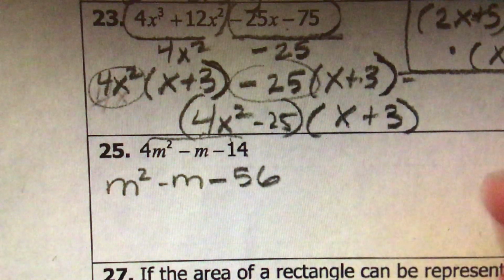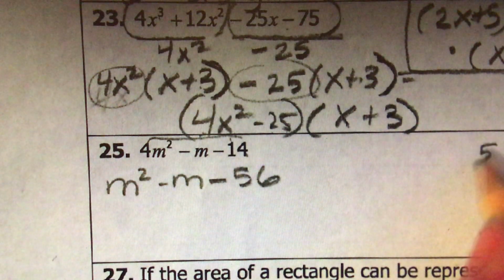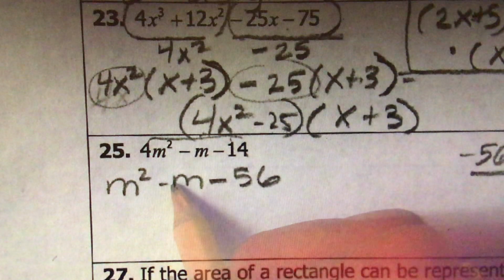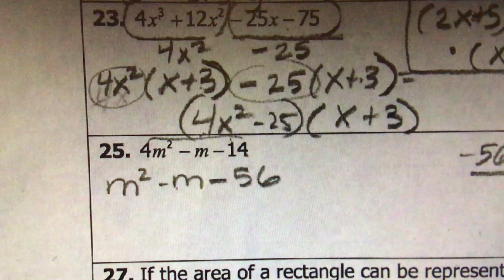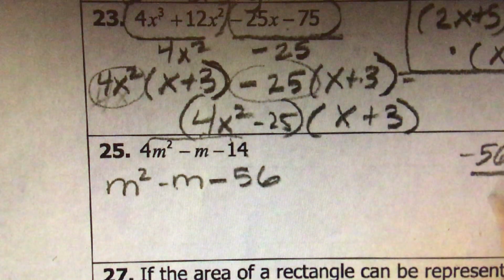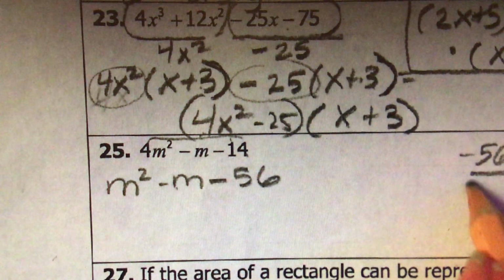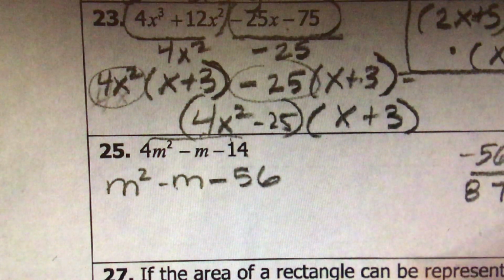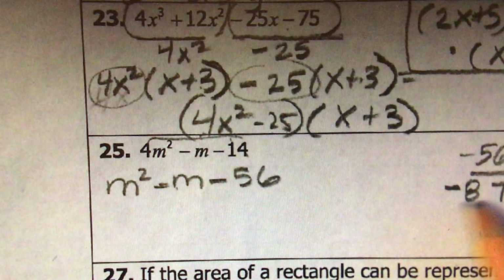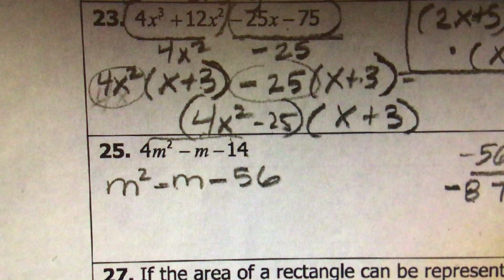Now I'm going to do this possum game. Negative 56 is my goal, as is negative 1 from my negative 1m. That's an invisible coefficient. Alright, they have to be 1 apart, so I think I already know it's going to be an 8 and a 7. And the dark side wins, so the larger number is going to be negative. Yep, because that's going to be negative 1.